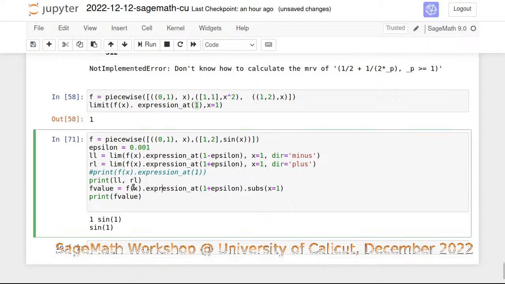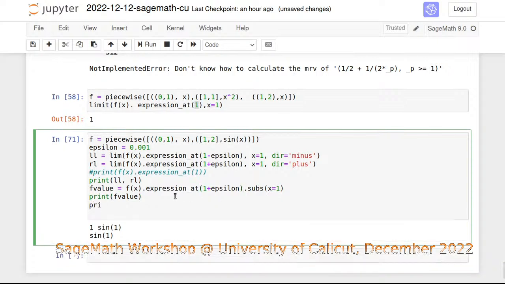So here what I did is, fx expression at 1 plus epsilon will return the expression of f in the interval 1 plus epsilon, which is sin x. Now in sin x I am substituting x equal to 1, which is essentially sin of 1. That's it.